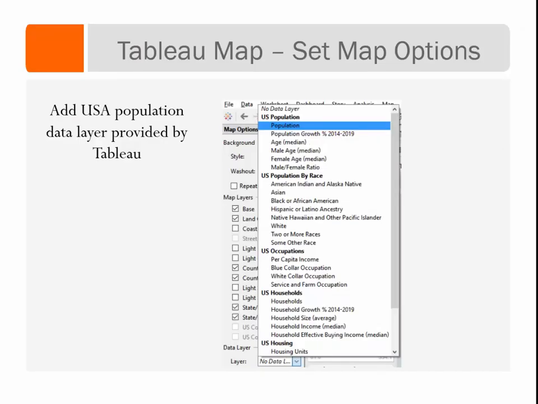We could also add different default maps that come with Tableau. So here we could overlay a population map. If I wanted to include my population map or households or any of these predefined maps, we could go ahead and add those as an option to our map.